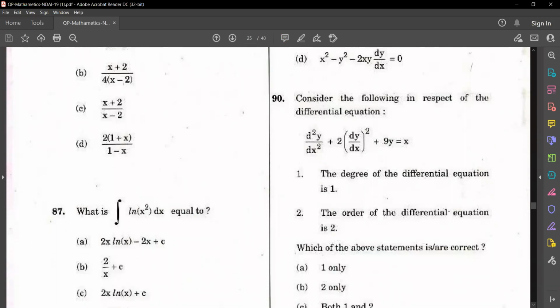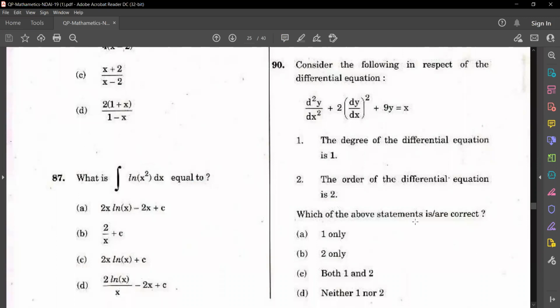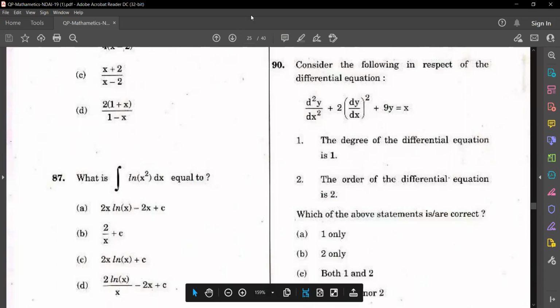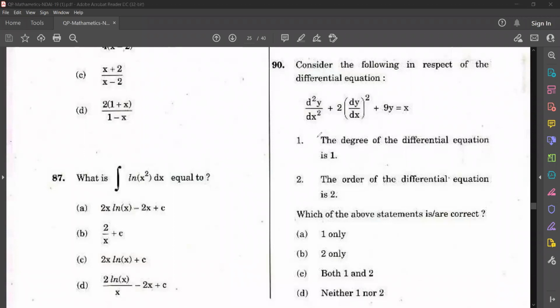Consider the following in respect of the differential equation: d square y by dx square plus 2 into dy by dx the whole square plus 9y equal to x. Question number 19. One: the degree of the differential equation is 1.